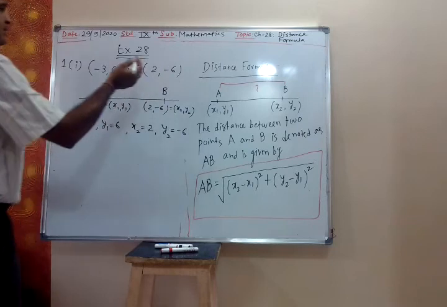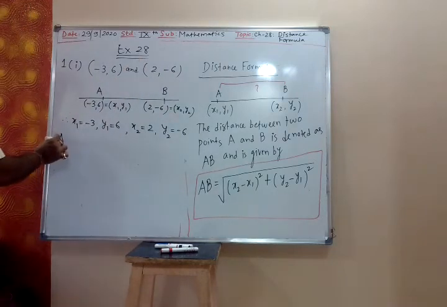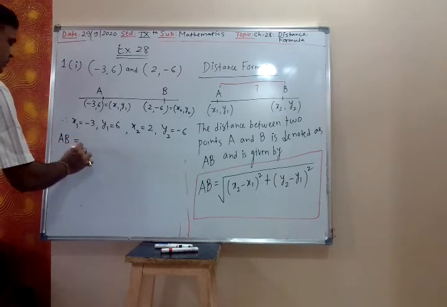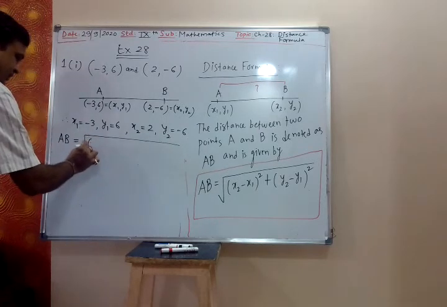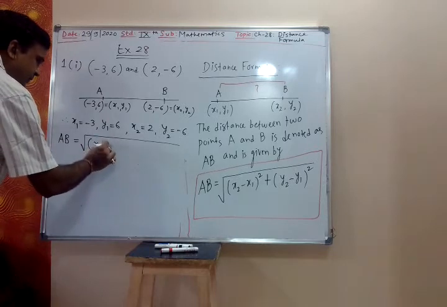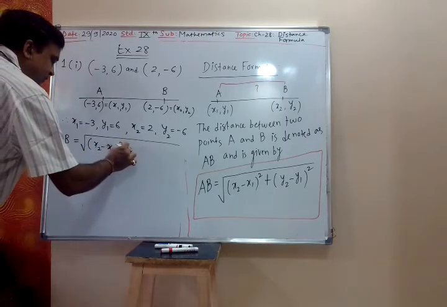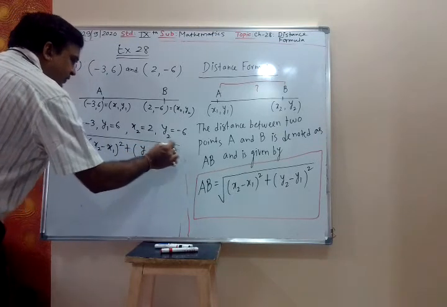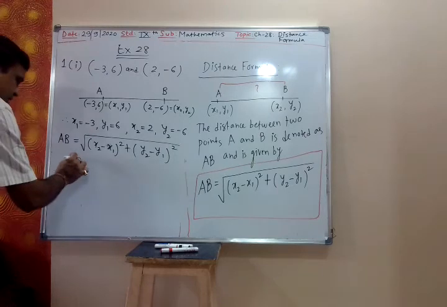So now we use the distance formula. We write AB, the distance between A and B, is the square root of x2 minus x1 square plus y2 minus y1 square. Now we substitute the values of x1, y1, x2, y2 in this.